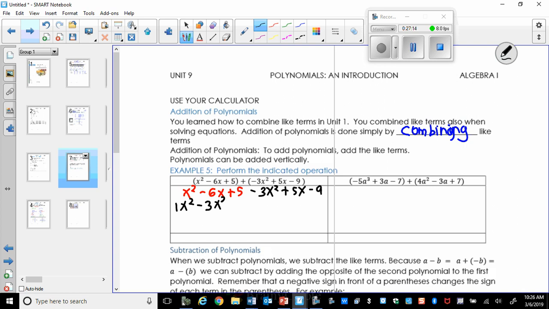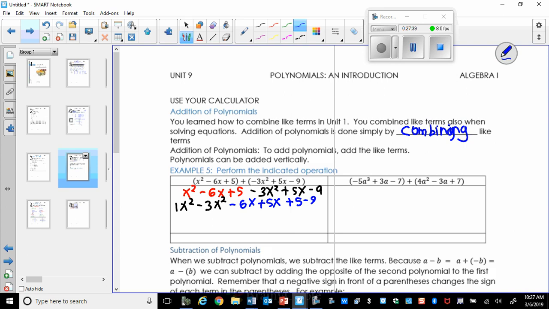Is everybody okay with me putting the 1 in front? Yes. Okay, what's next? So negative 6x plus 5x. What's last? So plus 5 minus 9.